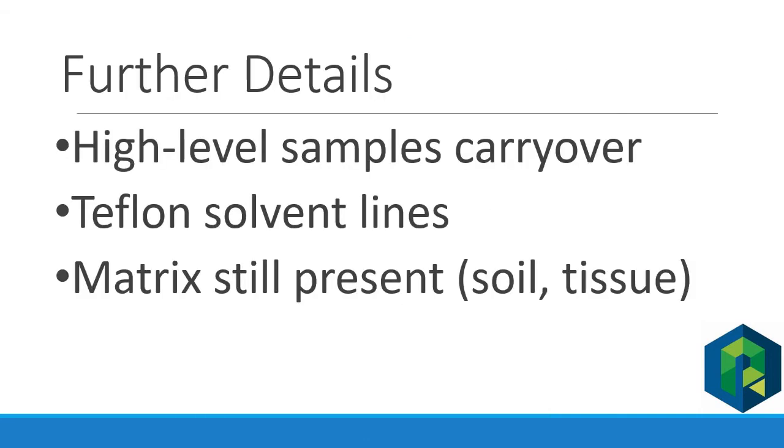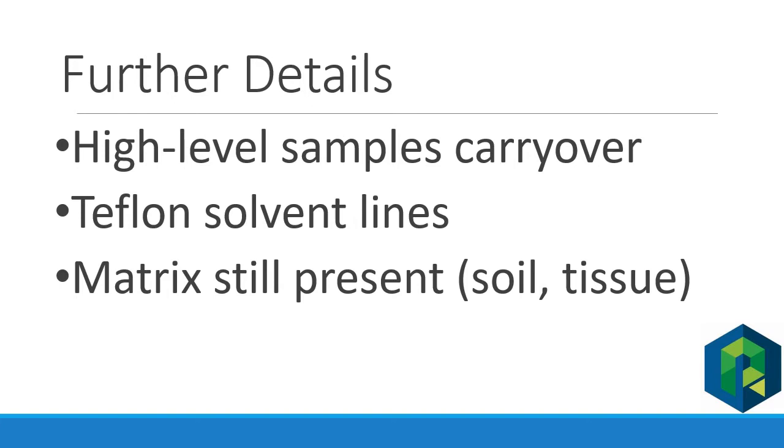I just mentioned that the ACE 350 uses a shared solvent and sample line, and that has the potential for sample carryover, specifically with high-level samples. Another point, which is very relevant for the analysis of PFAS using the ACE, is that the solvent lines are Teflon.